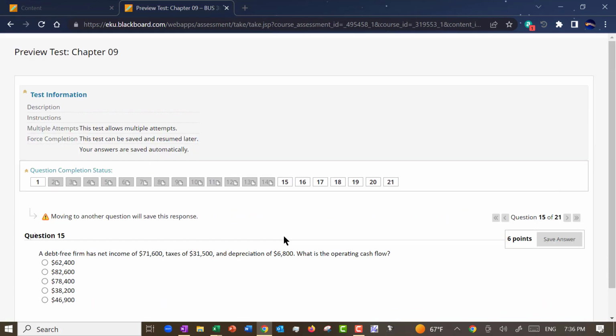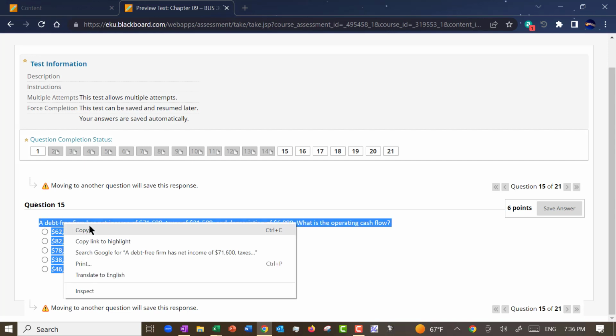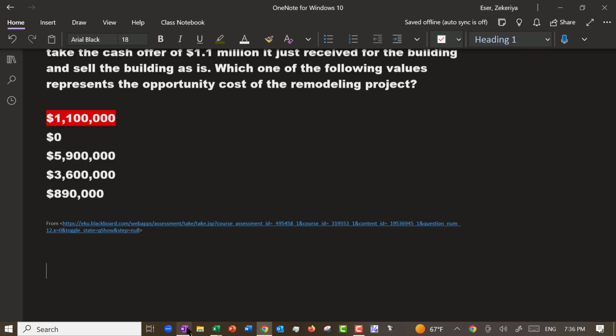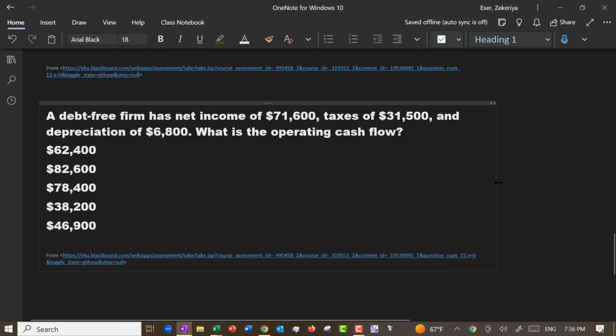A debt-free firm has net income of, let me copy this. We have their net income, their taxes, and their depreciation. What's the operating cash flow? Since it's debt-free, net income plus depreciation plus interest expense.